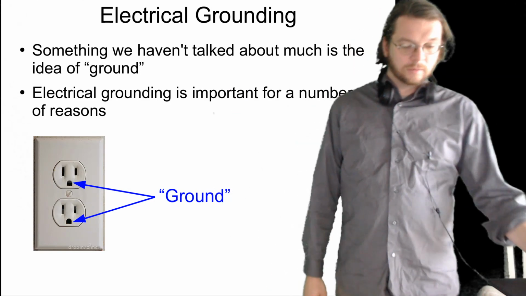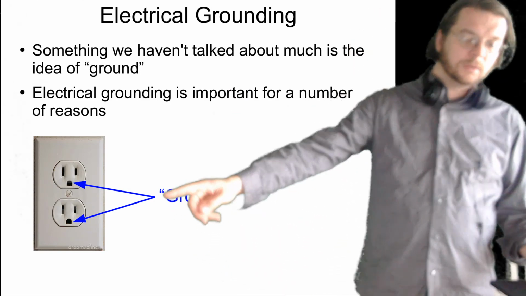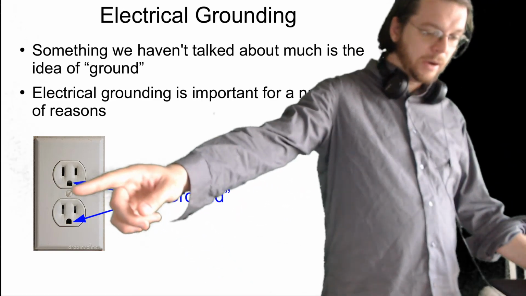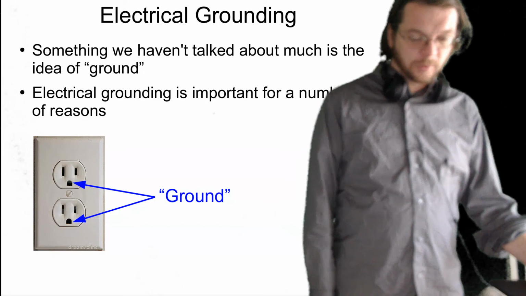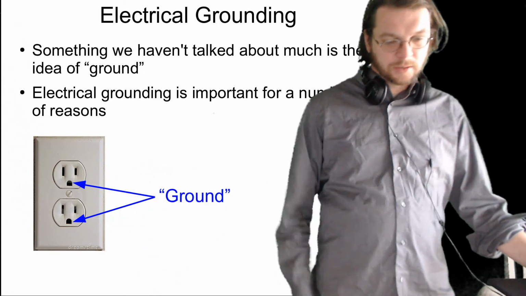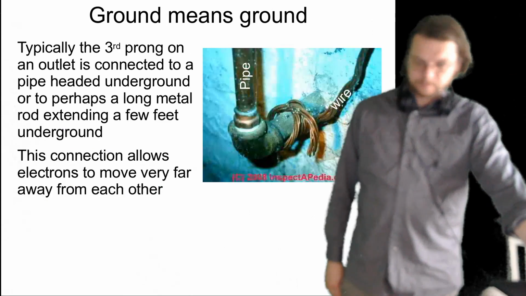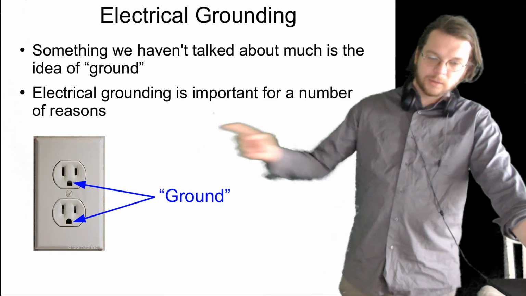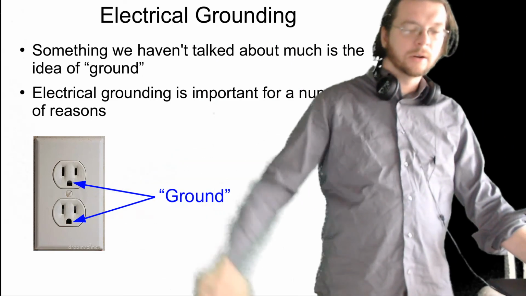The basic idea of ground is, so these wall sockets, this thing isn't providing any power in the wall socket, as many of you probably know. This thing is just there in case things get charged up. This wire here might be connected to this third little prong here.